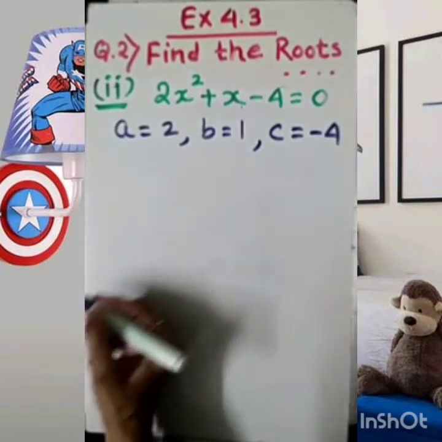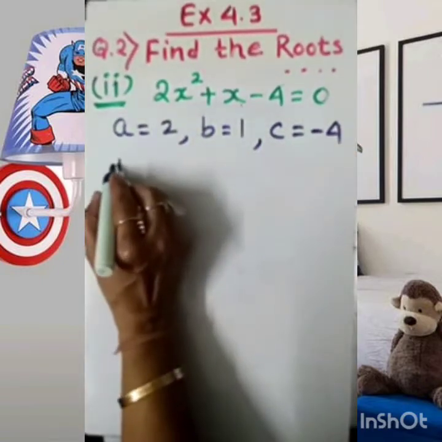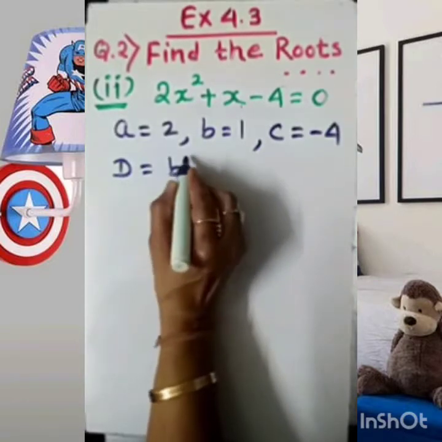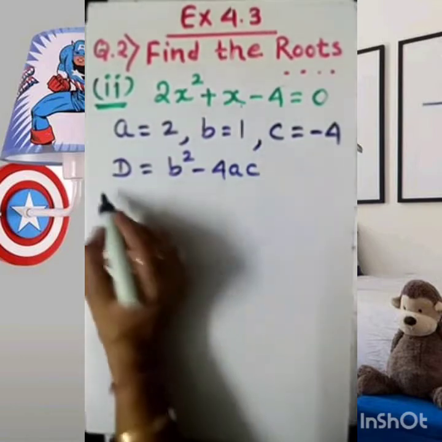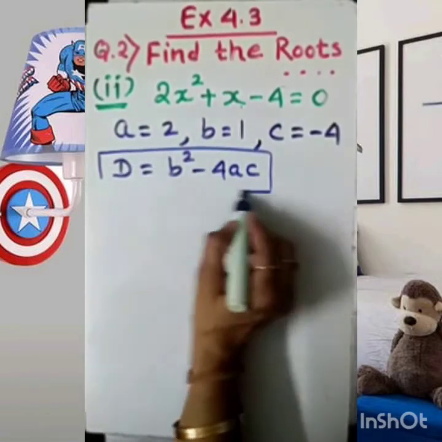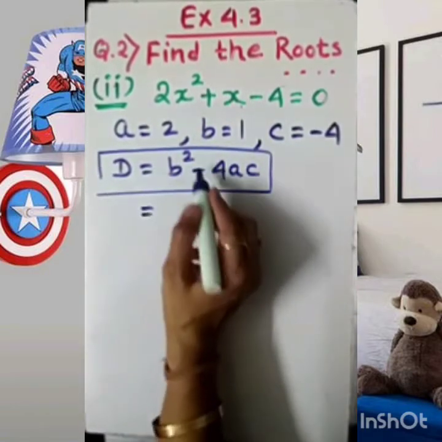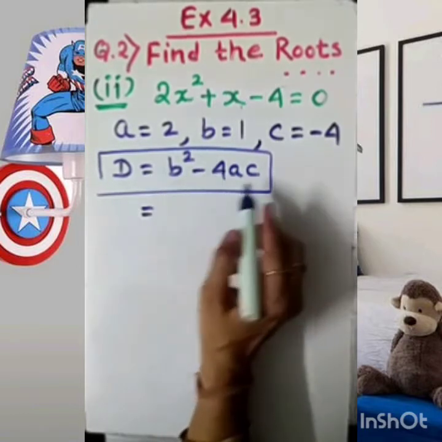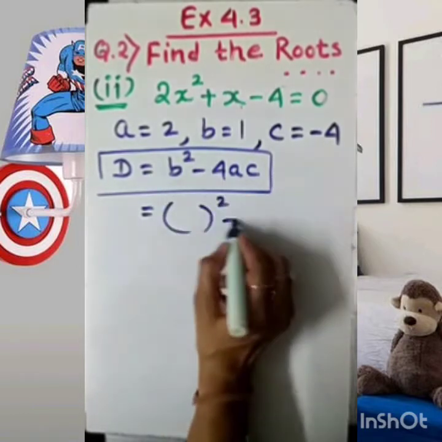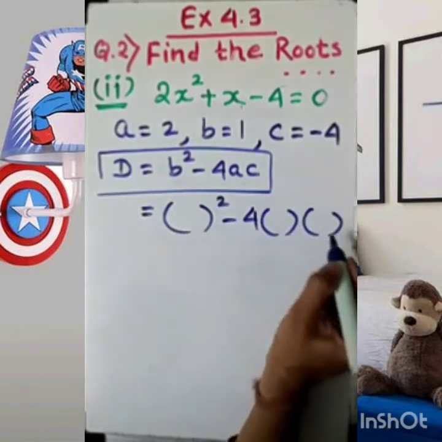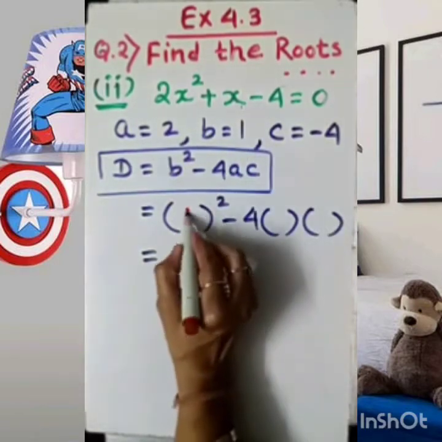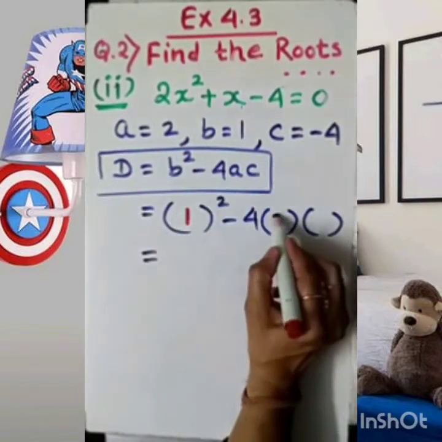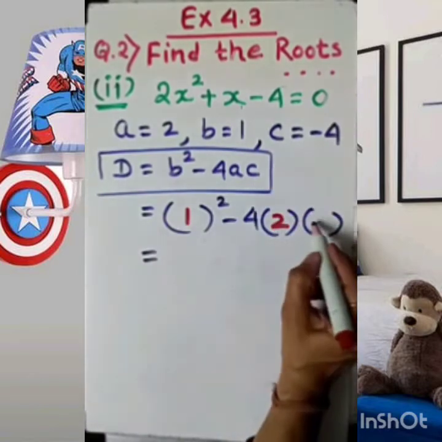Fine. Now we need to work on D. Discriminant is b square minus 4ac. Please keep this in mind. The value of discriminant D equals b square minus 4ac. Let's substitute the values of b, a, and c. As we already noted, b equals 1, a is 2, and c is minus 4.